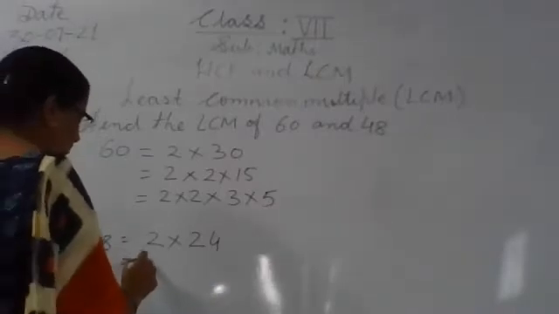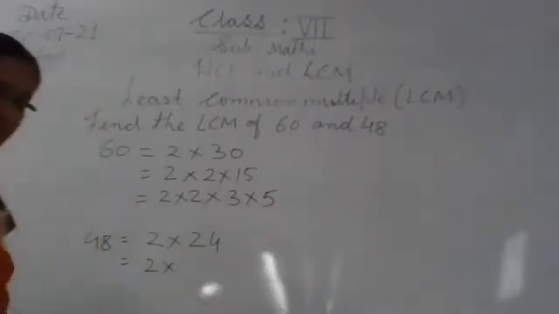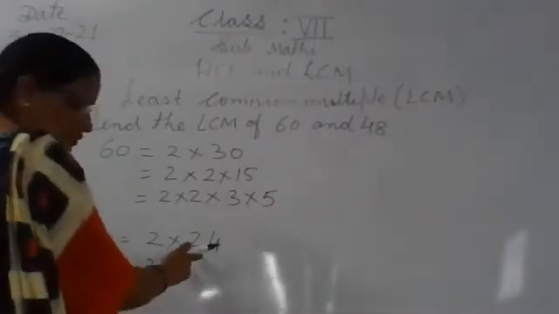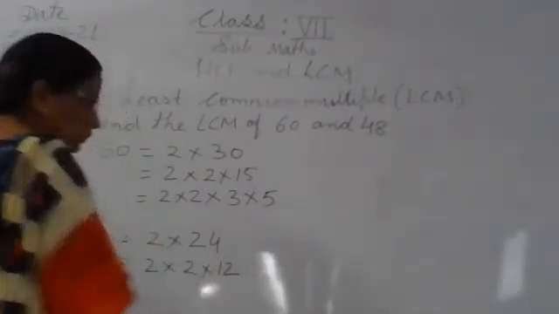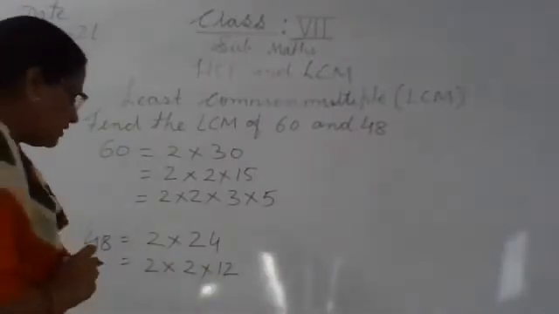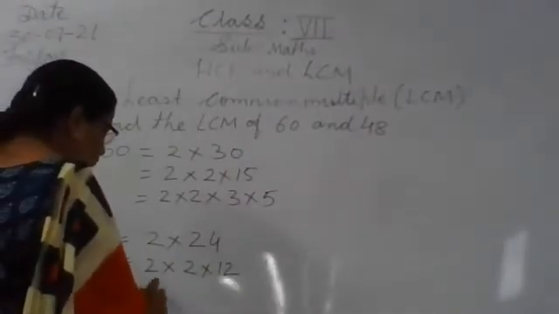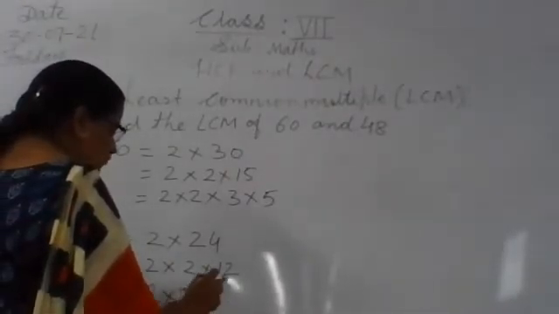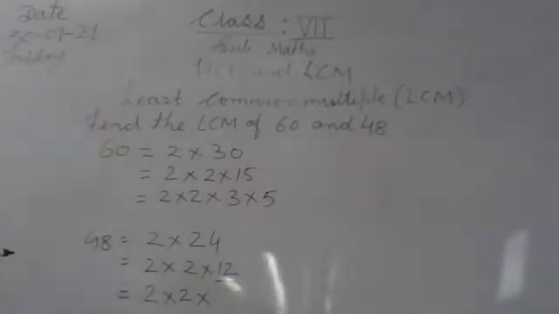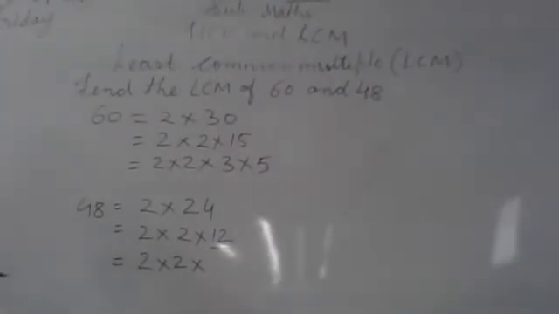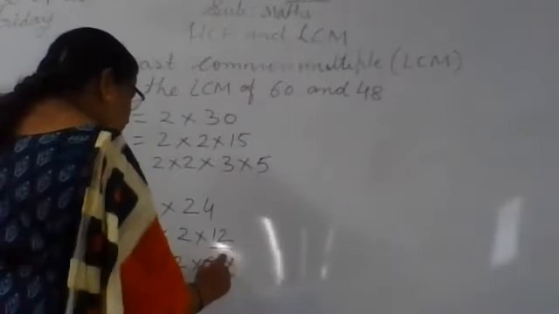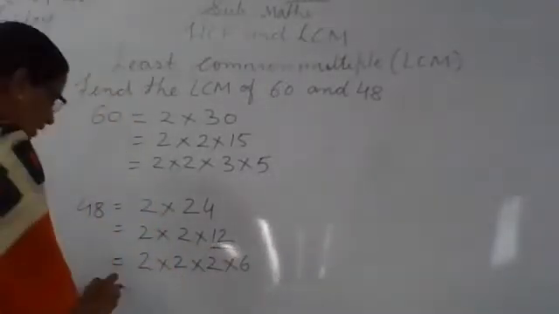Write down this prime number 2 as it is. 24 is composite and also even, so again we divide it by 2 and get 12. 12 is a composite number, so factorize it: 2 into 6.